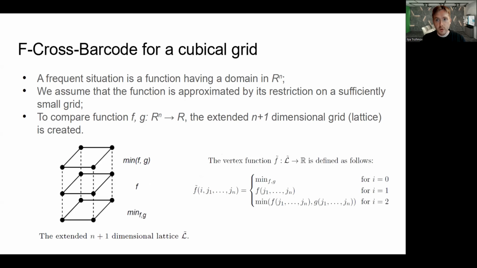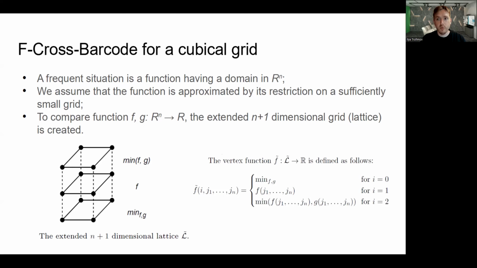We are going to solve this problem with the topological tool, which we called F crossbar code. A frequent situation is a function having a domain in n-dimensional Euclidean space, and we assume that the function is approximated by its restriction on a sufficiently small grid.